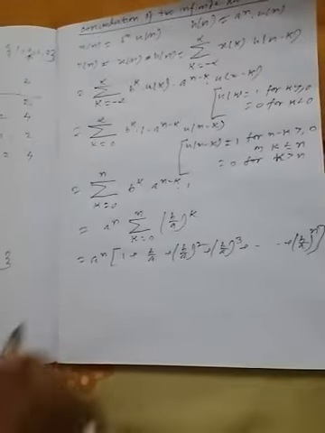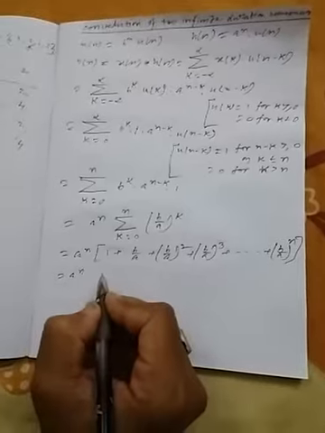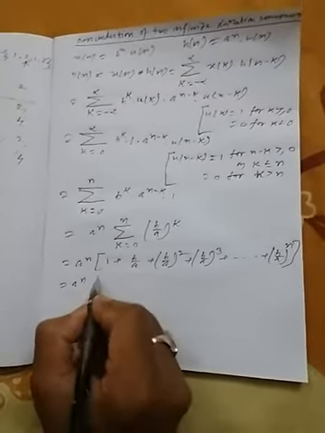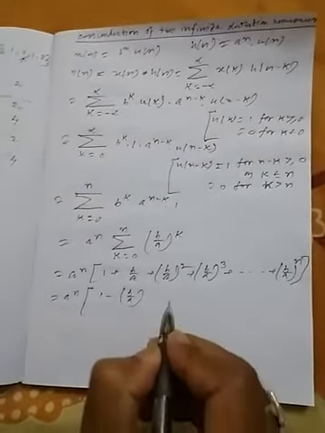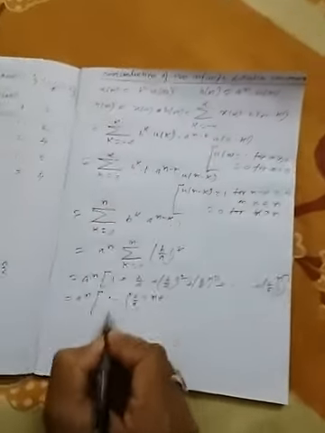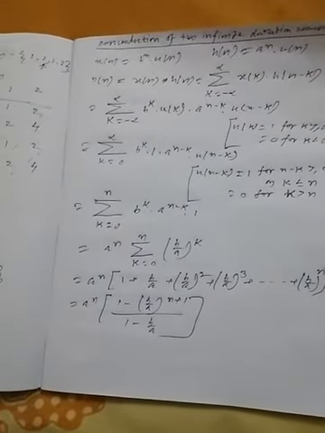Okay. Now this will be equal to a^n into (1 minus (b by a)^(n plus 1)) divided by (1 minus b by a).